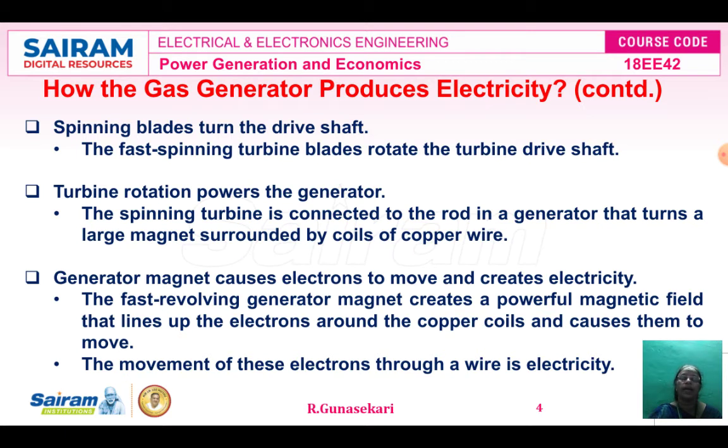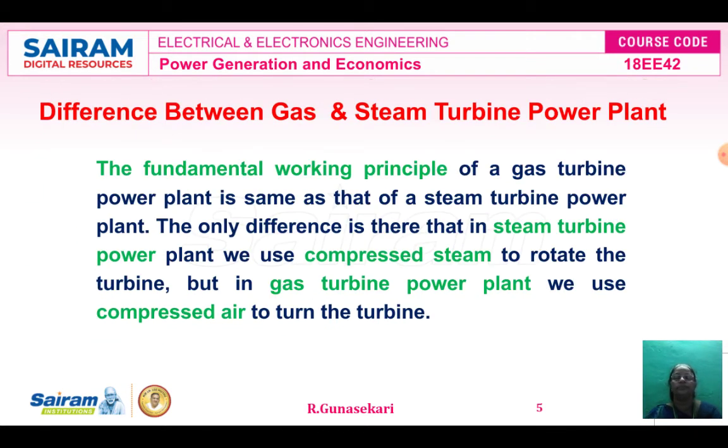The generator magnet causes electrons to move and creates electricity. That is, the fast revolving generator magnet creates a powerful magnetic field that excites the electrons around the copper coils and causes them to move. The movement of these electrons through a wire is electricity.